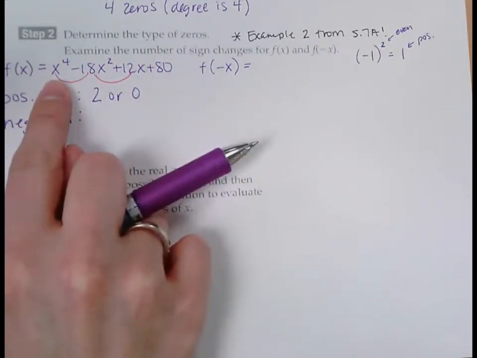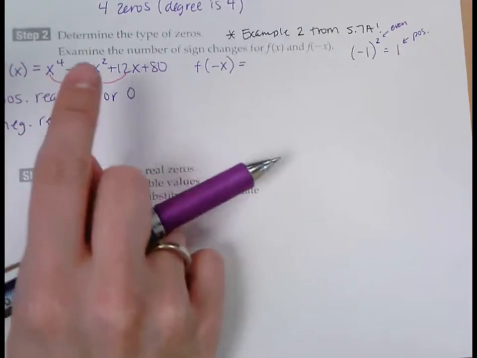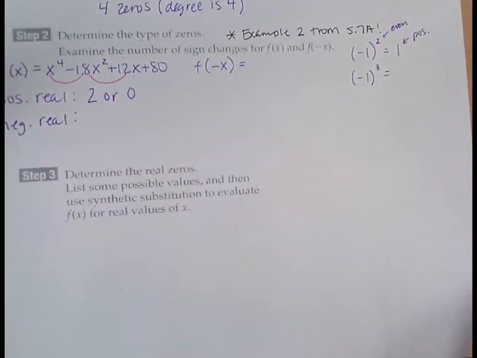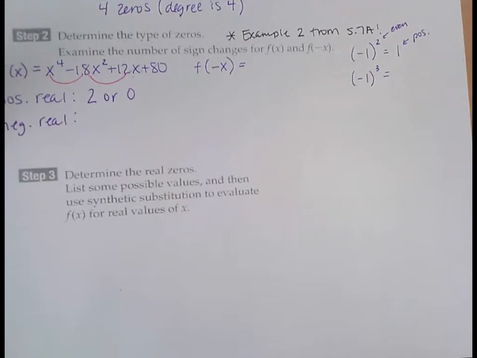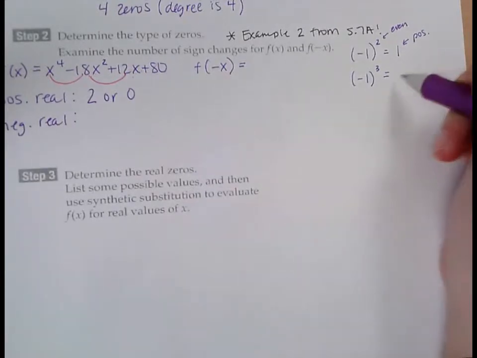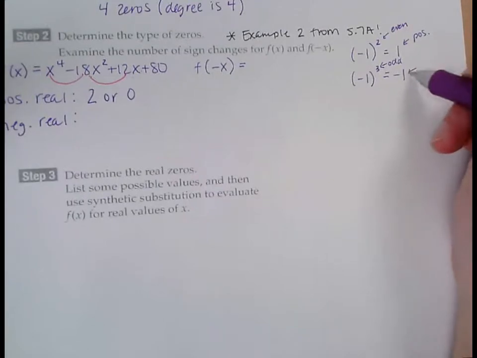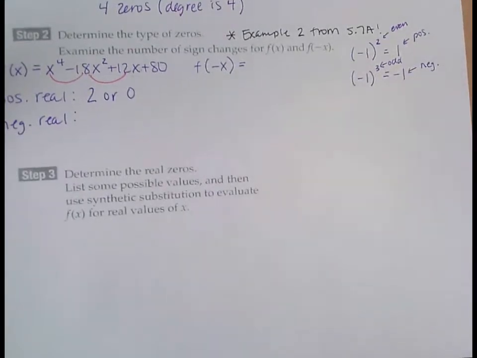It's still going to be positive x to the fourth because a negative to an even power stays the same. If I raise -1 to the third power, what is that equal to? -1. So when your exponent is odd, your outcome is negative, or rather the sign is going to change.